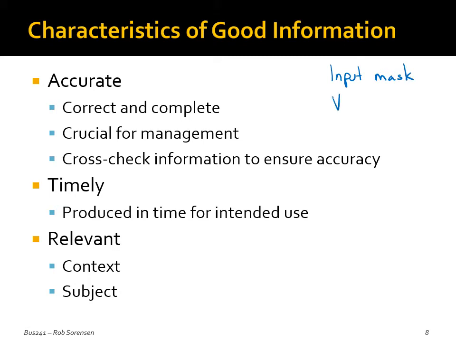Maybe you had some validation rules in there, like the dollar amount has to be positive, it can't be negative. Things like that. We can do other things like that to help make the data more accurate. Similarly, if we have good systems that people know how to use, that might impact the timeliness of things. And of course, we always want to think about relevance as well.